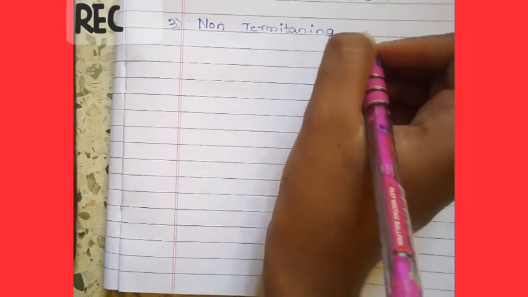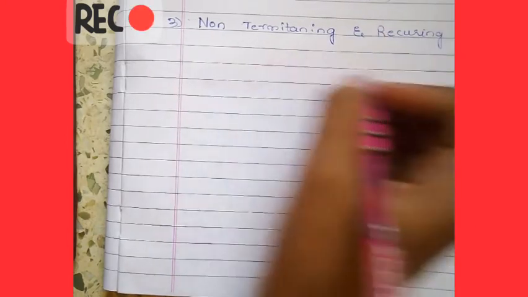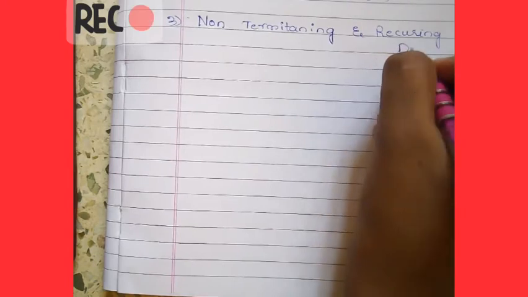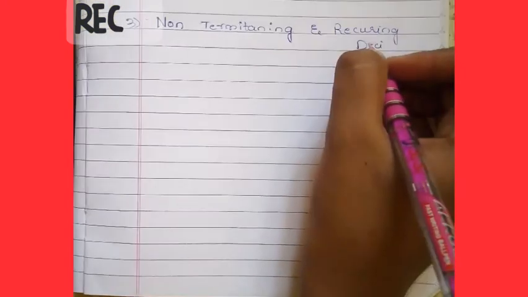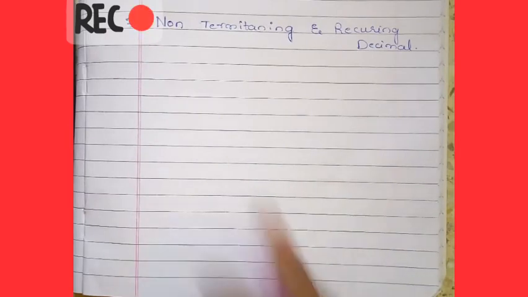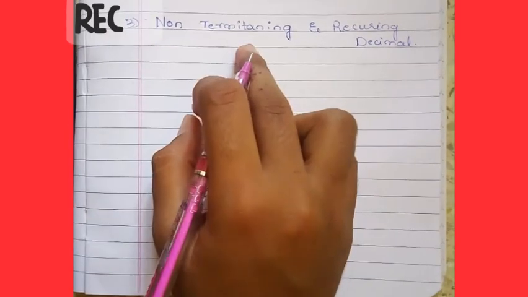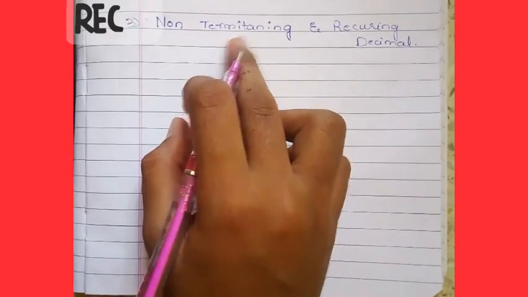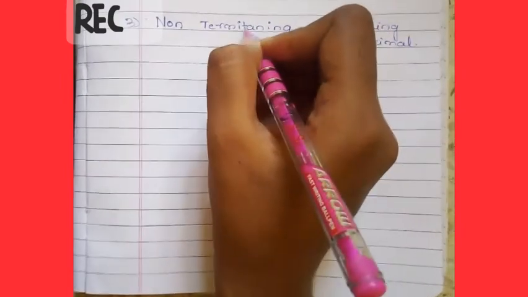Non-terminating and recurring decimals. Sorry, I made a spelling mistake.